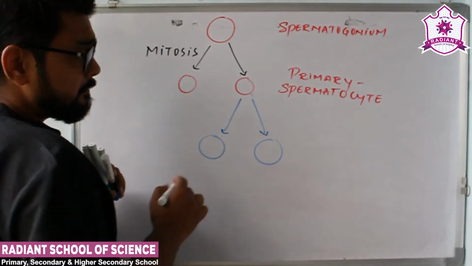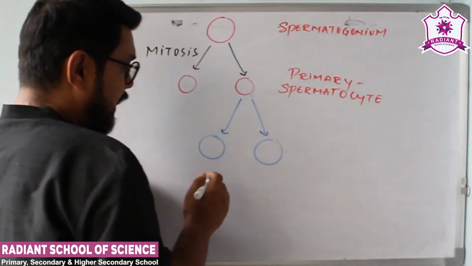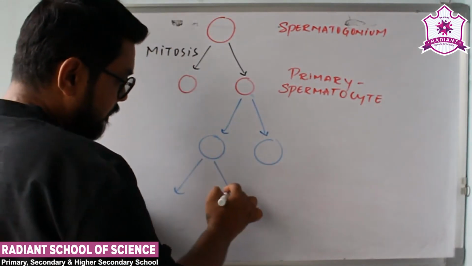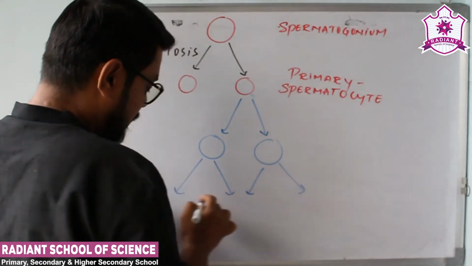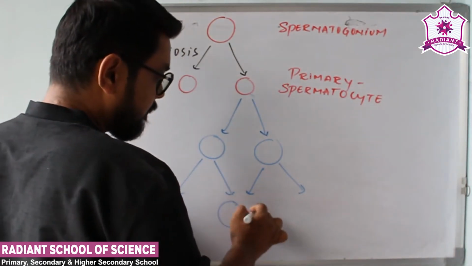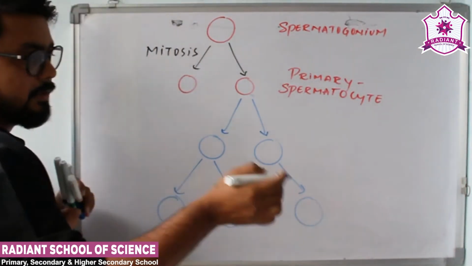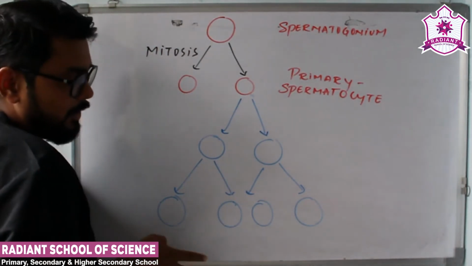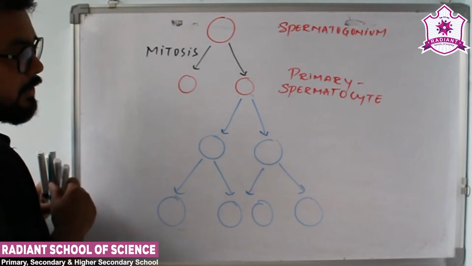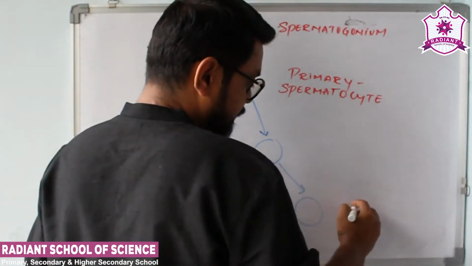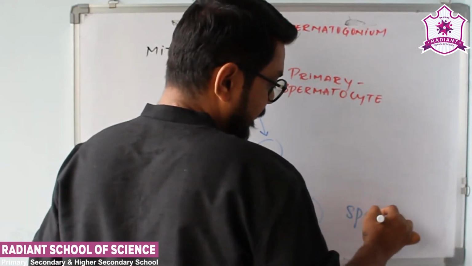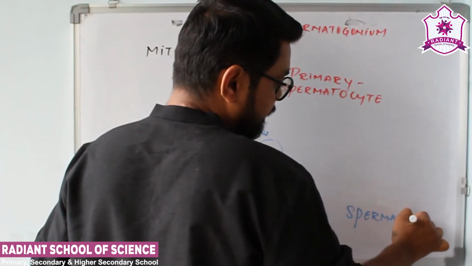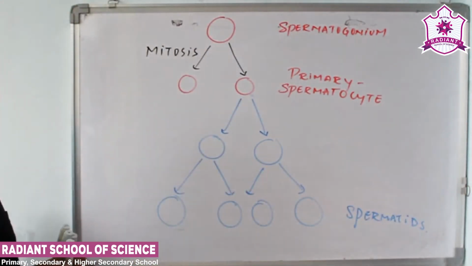These two cells again undergo meiosis 2, and four cells are formed. These four cells are termed as spermatids.